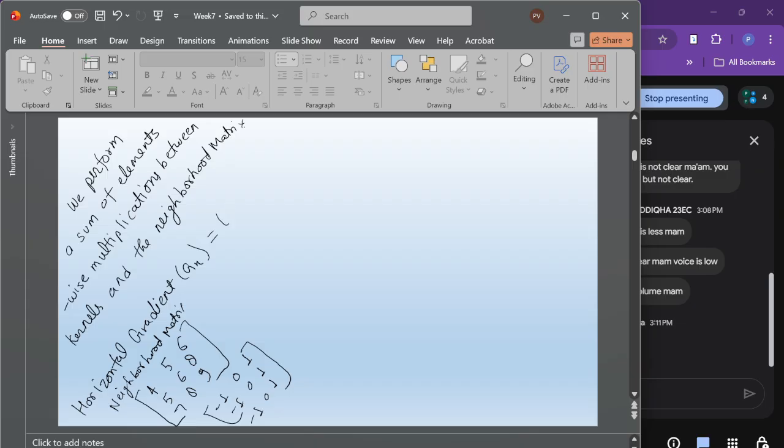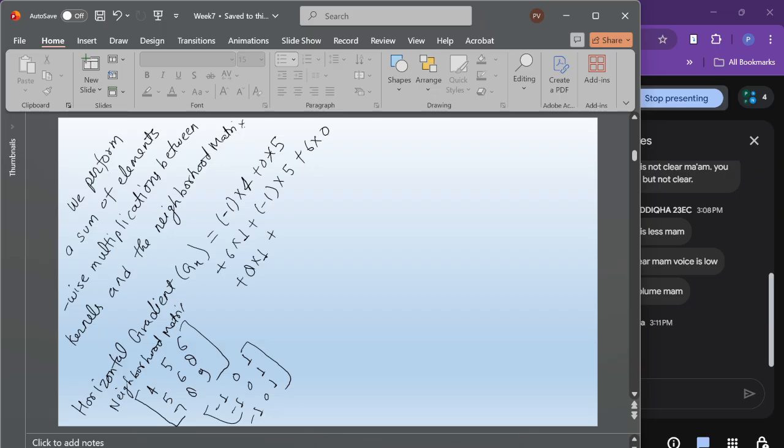First is -1 into 4, then 0 into 5, plus 6 into 1, plus -1 into 5, plus 6 into 0, plus 8 into 1.